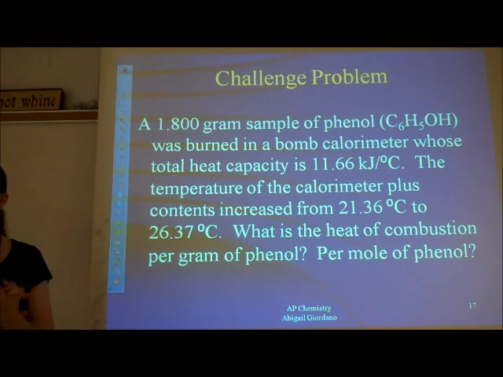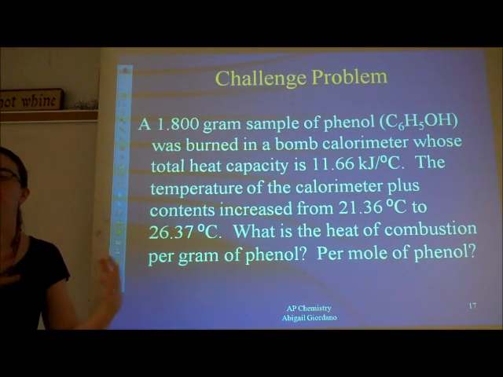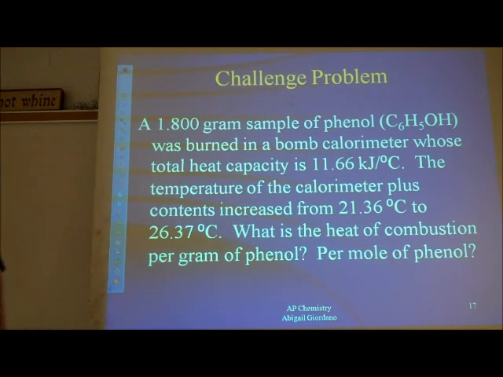My suggestion is to draw a picture, or if you're not a visual person, at least try to, before you write any numbers down, before you do any math at all, try to visualize what is happening. Try to identify, is something losing heat? Is something gaining heat? Because there are a lot of numbers. It's sometimes hard to figure out what numbers go with what.